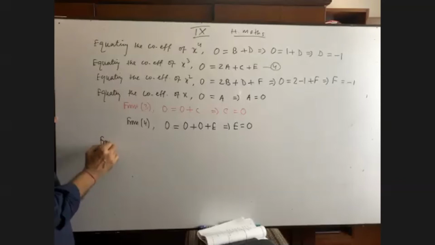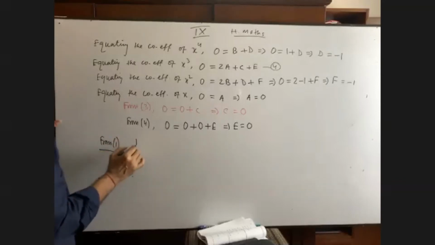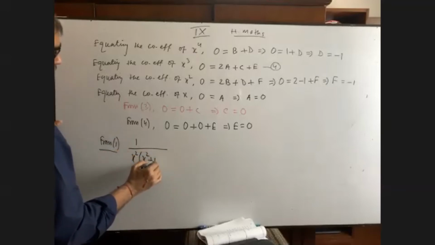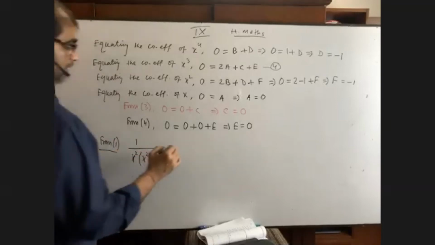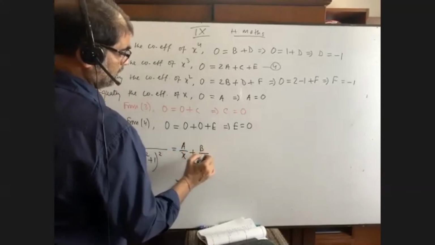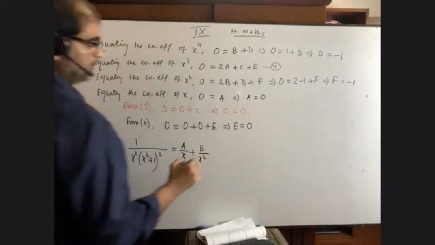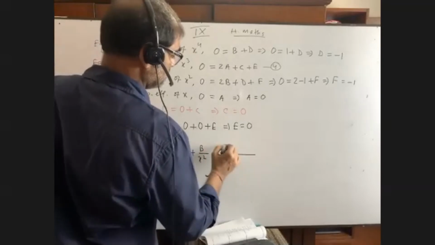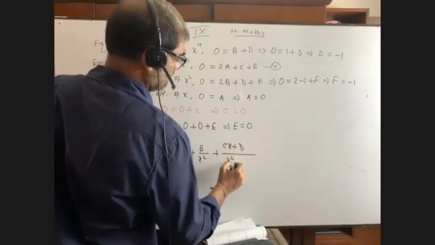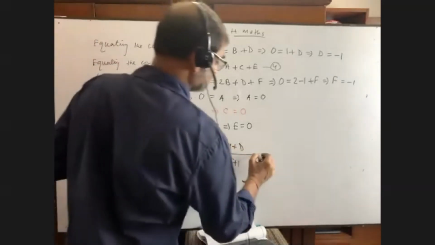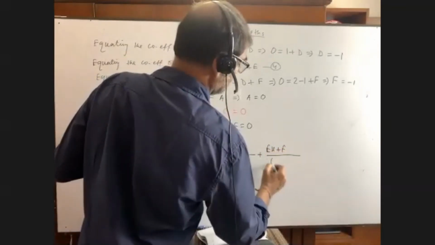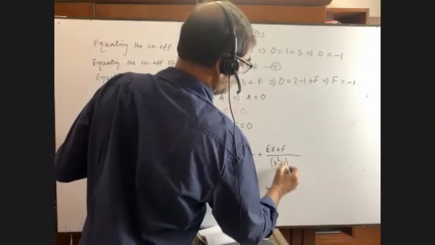From 1, it was 1 by x square plus 1 whole square is equal to a by x, b by x square plus 1, plus cx plus d by x square plus 1, plus ex plus f by x square plus 1 whole square.